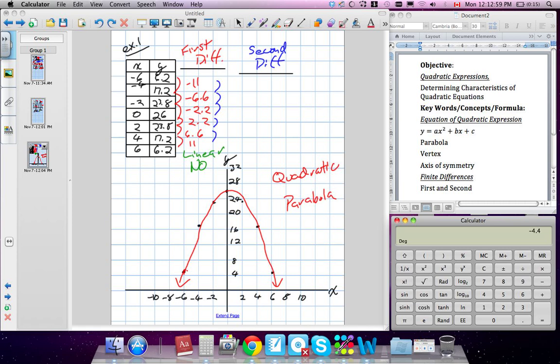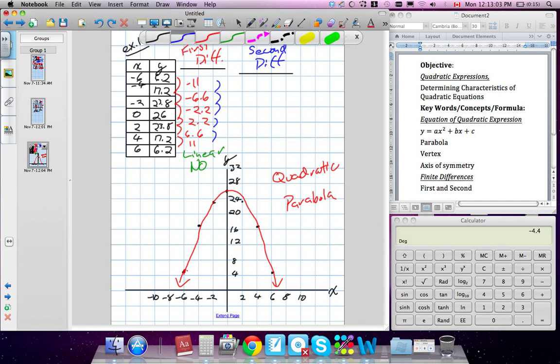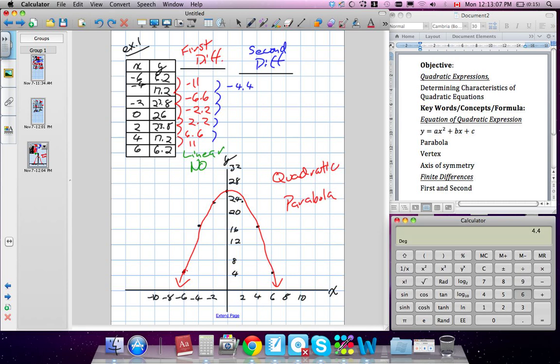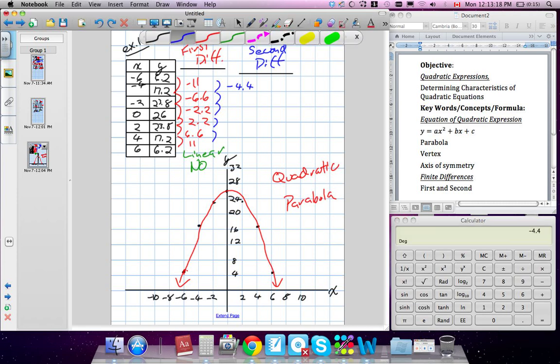I get negative 4.4. Then I take negative 6.6, subtract negative 2.2. I get negative 4.4. Sorry, I didn't draw those lines. Let's fix those a little.